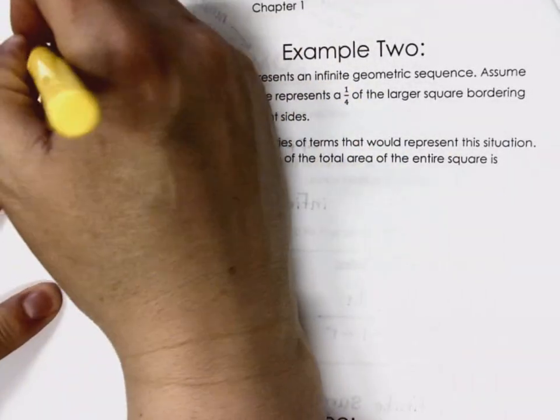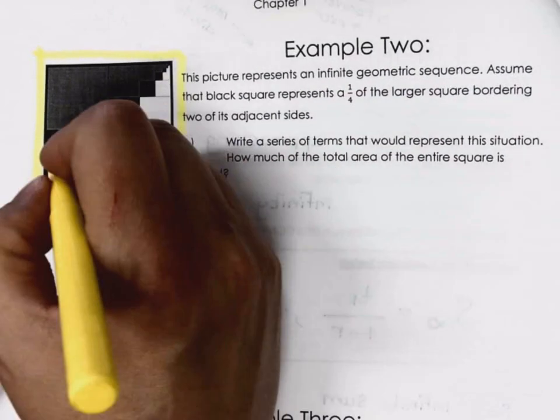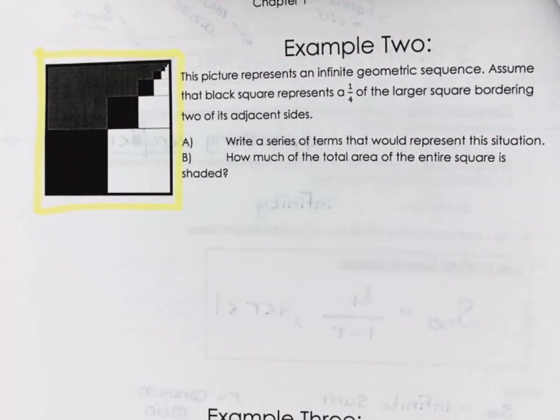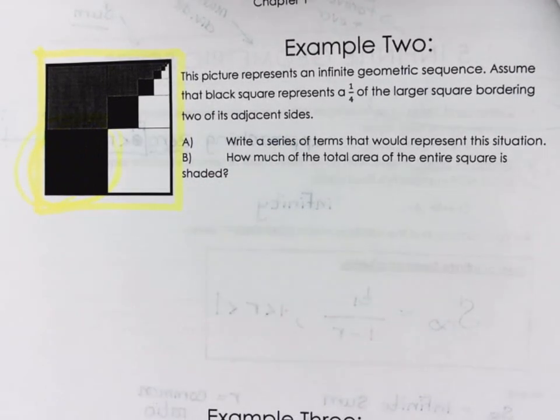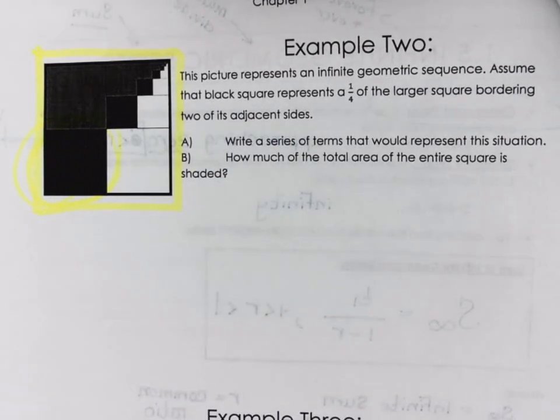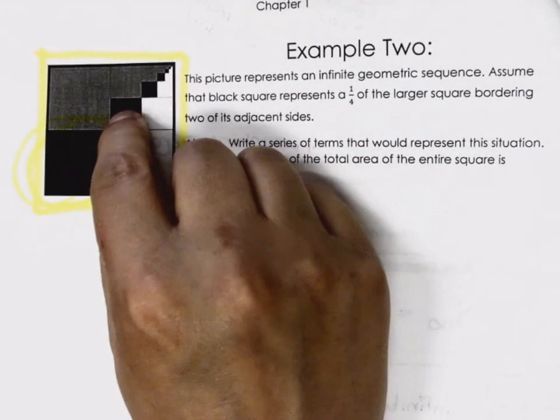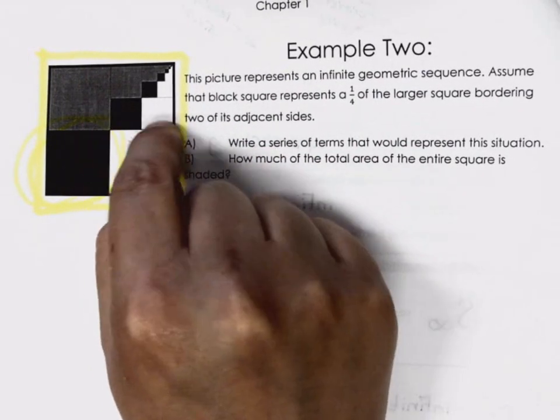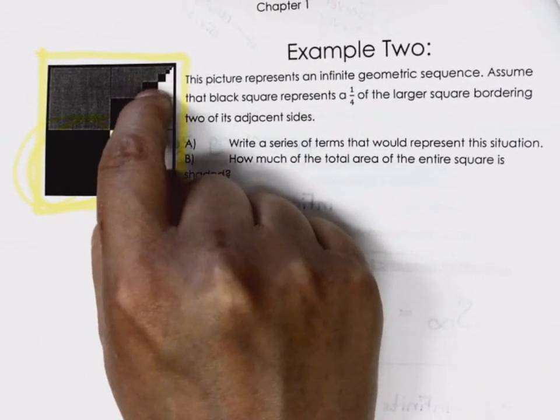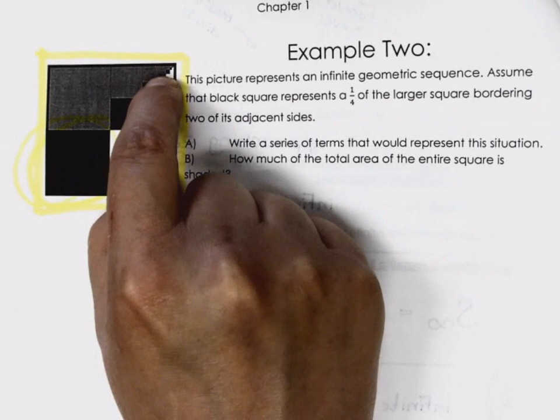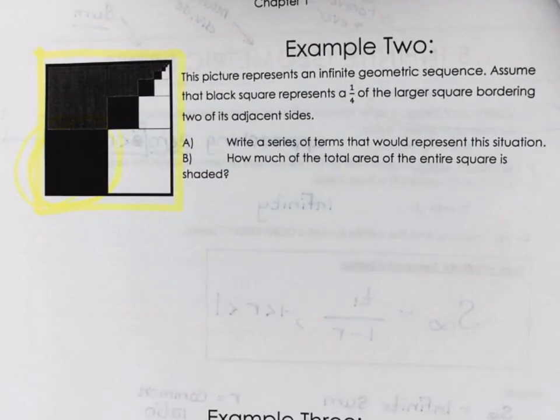So that's square 1, and this part here represents a quarter of it. That section right there represents a quarter of it. But there's more than one black square. So this is a quarter of this square here, and this one is a quarter of that square there, and that one right there is a quarter of that tiny square. So it keeps going on. It's like an echo.